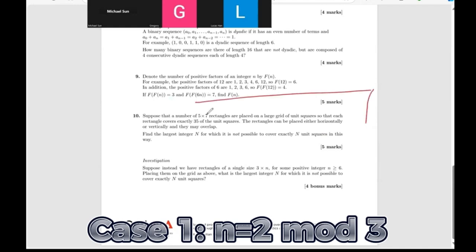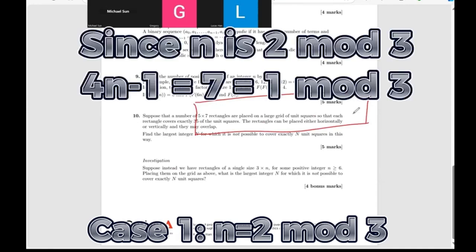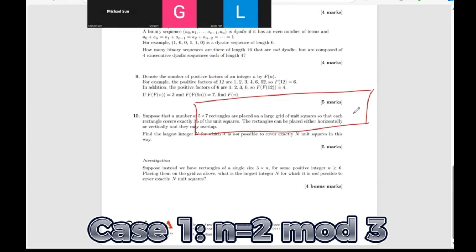Obviously 4n minus 1 is not divisible by 3. Also not attainable by adding 3's to 3n, because you need to have at least a 3n by 2n. We cannot obtain 4n minus 1 with a rectangle.